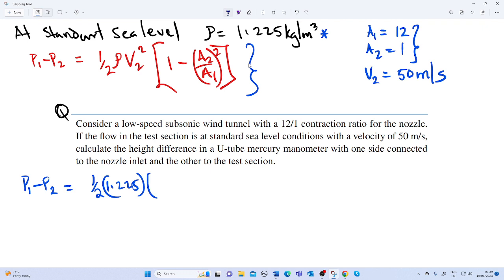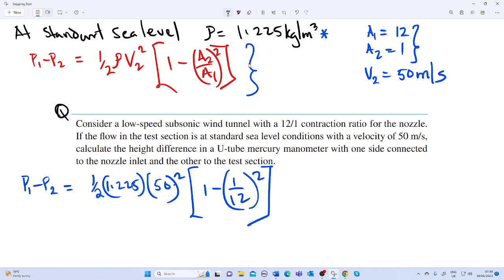What's our velocity? 50, squared, times the bracket of 1 minus 1 over 12. That gives us 1527 Newton per meter squared.